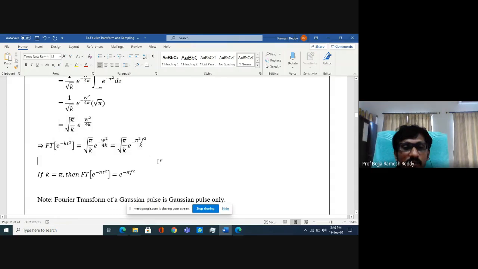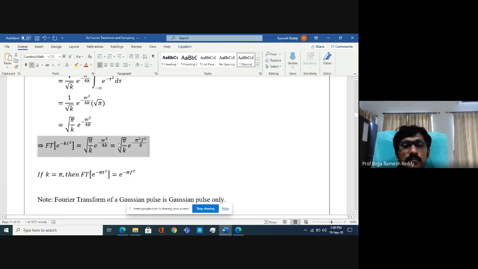But now, what is our task? We are preparing for a competitive examination. The Gaussian pulse is one important thing. For that, the Fourier transform formula is like this. We have to know this formula. The Fourier transform of e to the power of minus kt square is root of pi by k e to the power of minus omega square by 4k.